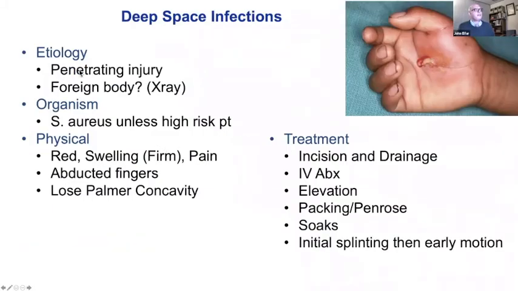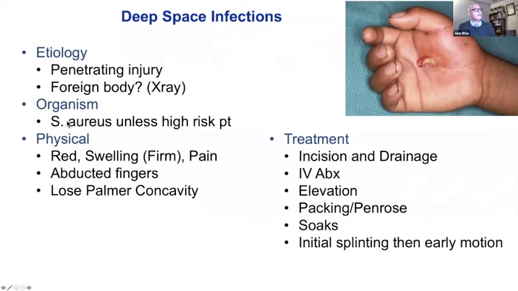Deep space infections in the hand often come from penetrating injuries, like foreign bodies that you can see on the x-ray.